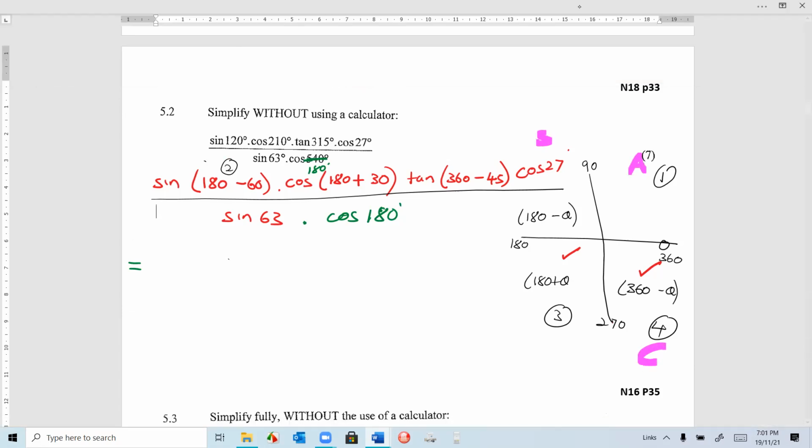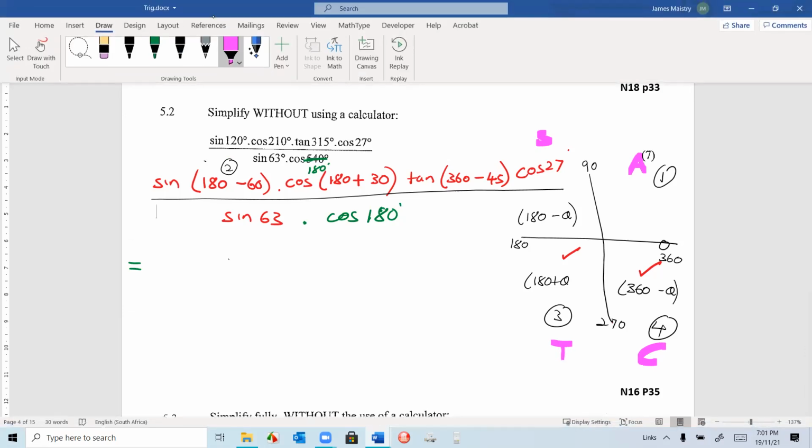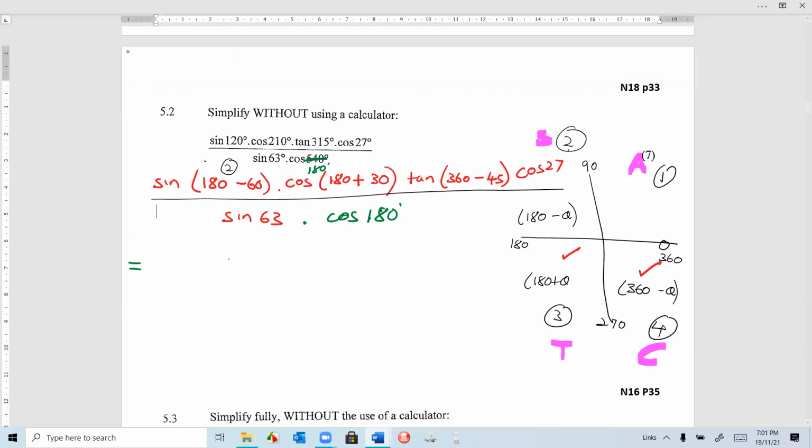I'm sure you know what CAST stands for. In quadrant 2, S for sine means sine is positive. So we will rewrite this reduction formula as positive sine, and we bring down the acute angle of 60.